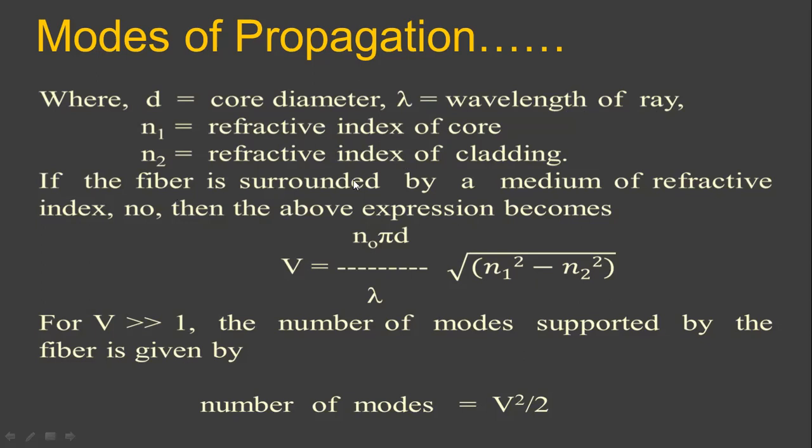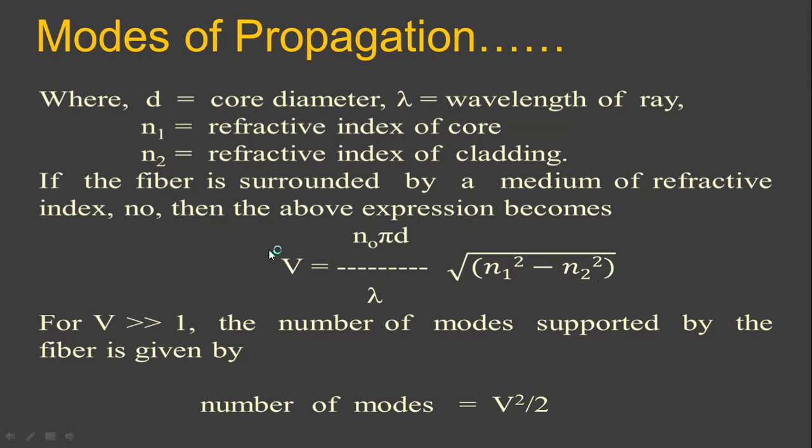So if the fiber is surrounded by a medium of refractive index n0, then the above expression becomes V equals n0 pi d upon lambda into root of n1 square minus n2 square.